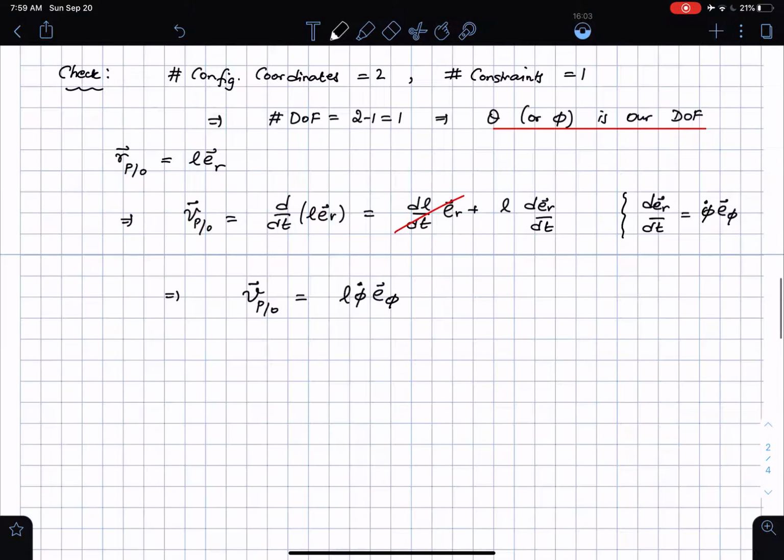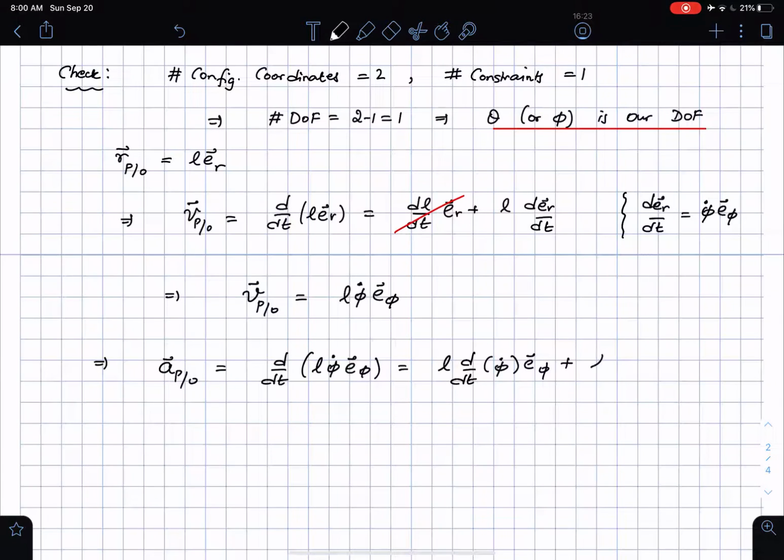Then the acceleration of p slash o is d by dt of L phi dot E phi. L is a constant, so I'm not going to differentiate it. So this is L d by dt of phi dot E phi, plus L phi dot times d E phi by dt.